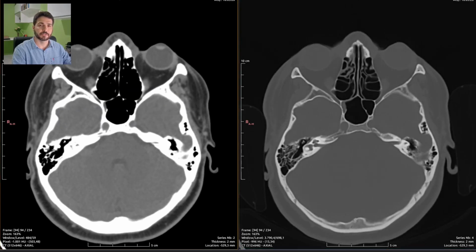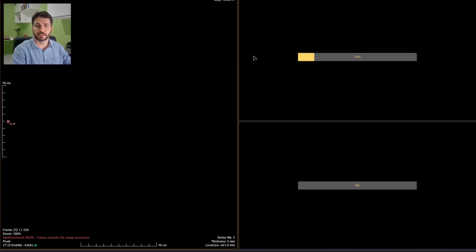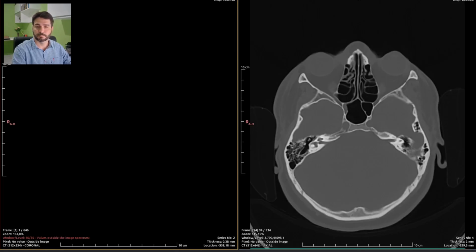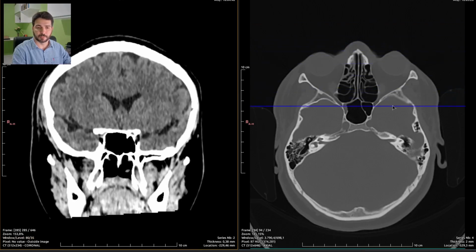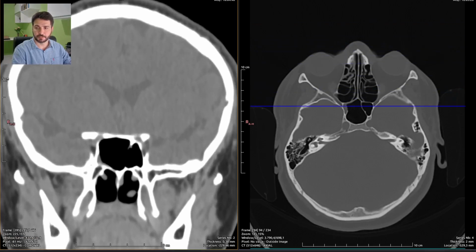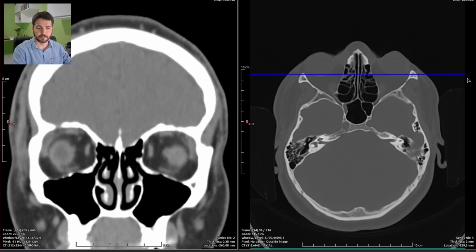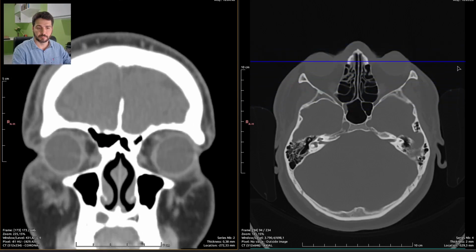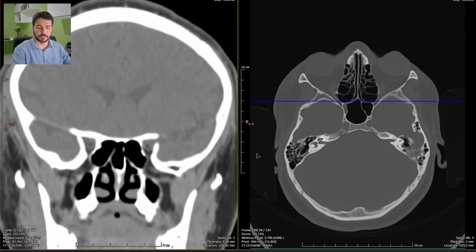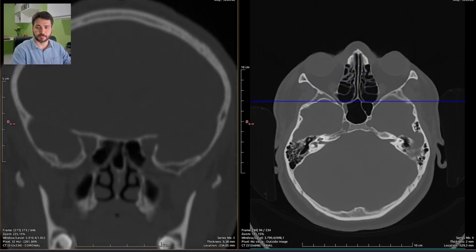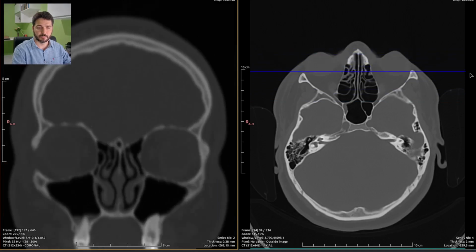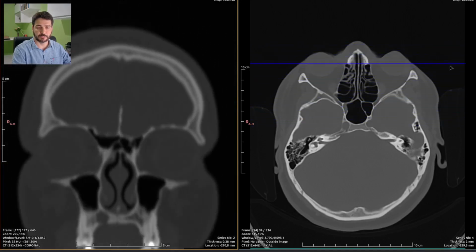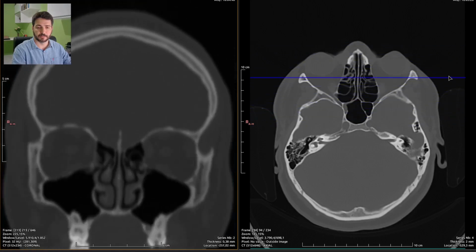I'm just going to hit some MPR here to see if we spot any orbital lesion, soft tissue lesion, or fracture, because orbits are quite fragile. Now intra and extraconal spaces are fine. The eyeballs are properly placed inside the eye sockets.